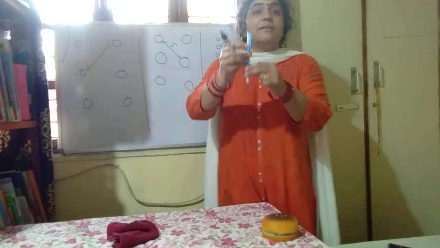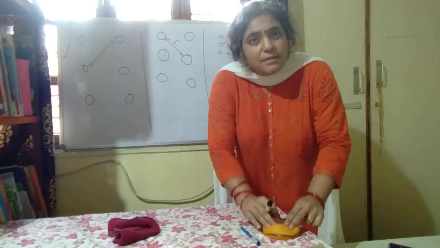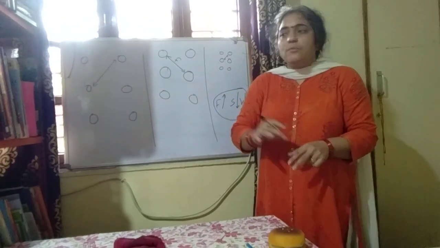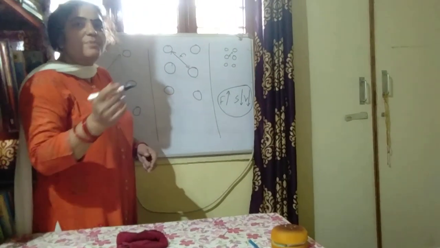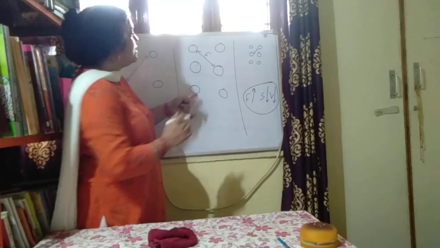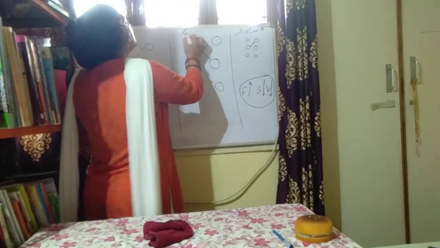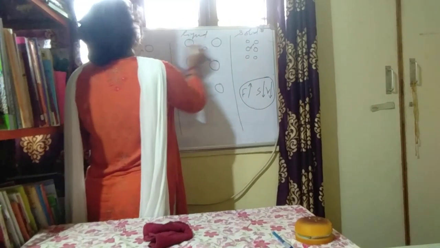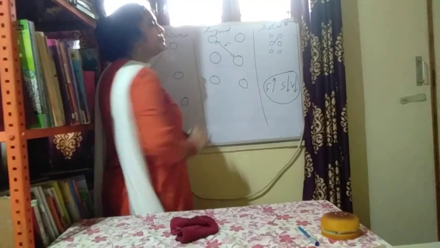But a pen can't be. Why can the sponge be pushed? Because it has air. Here you can say it is solid, it is liquid, and it is the gaseous state.